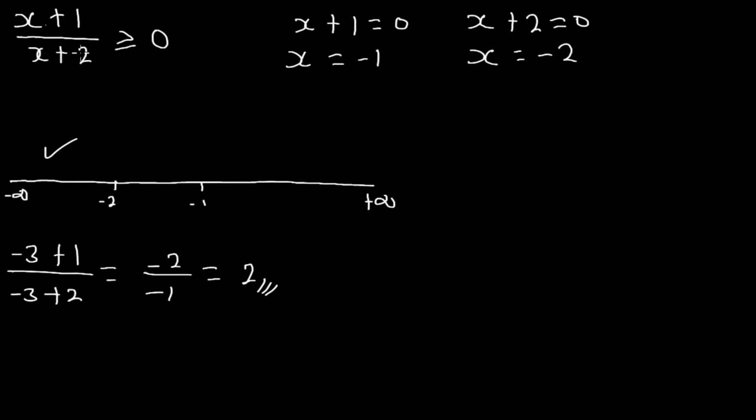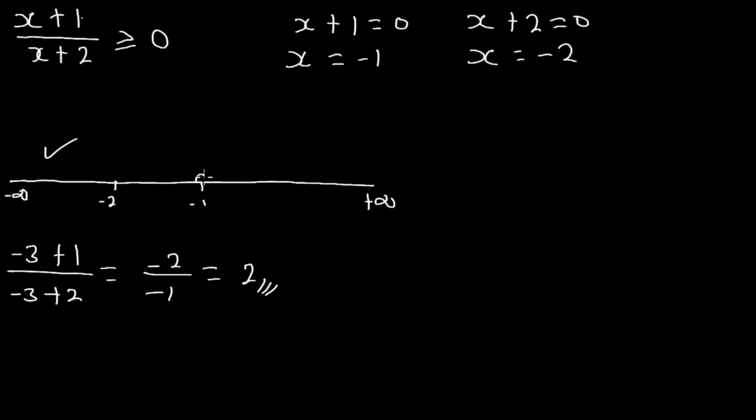The reason is that if x is minus 1, then minus 1 plus 1 is 0, and 0 divided by anything is 0. The reason why x cannot be minus 2, the critical point we get when we set the denominator to 0, is that if x becomes minus 2, the denominator becomes 0, which results in an undefined function. And we don't want that.